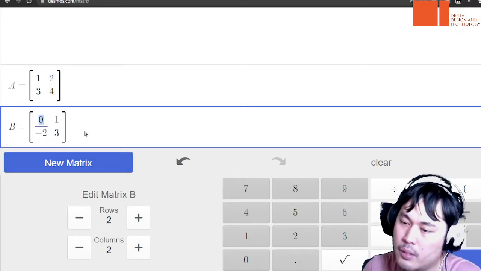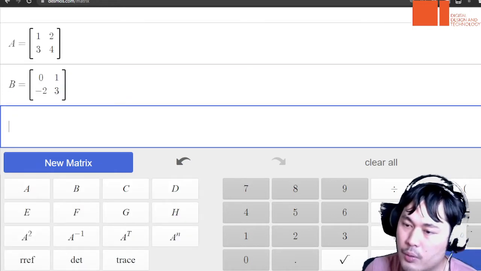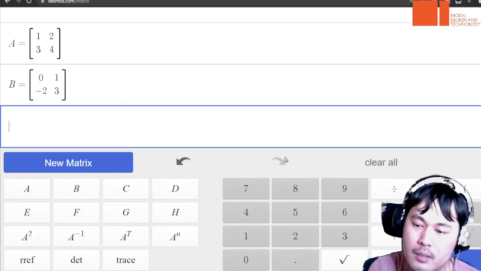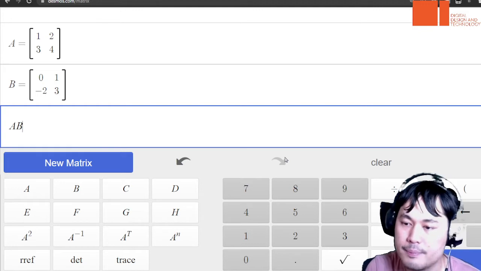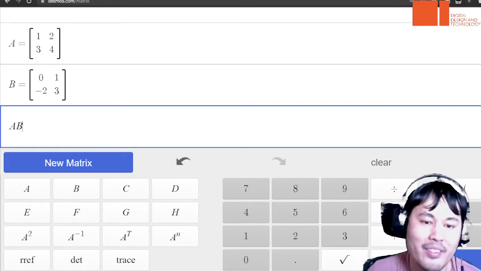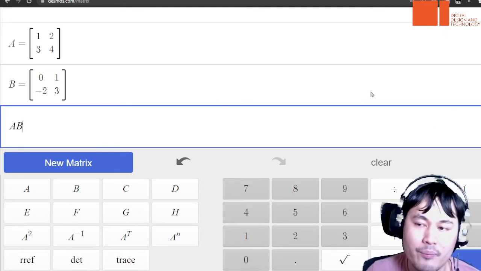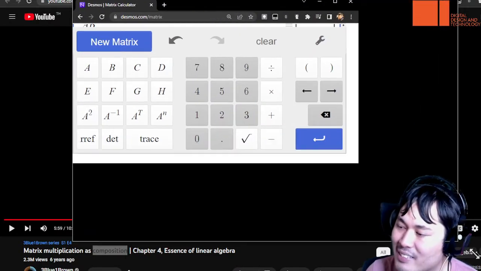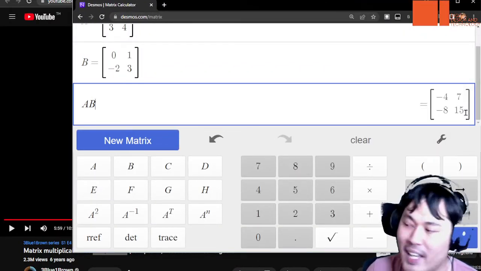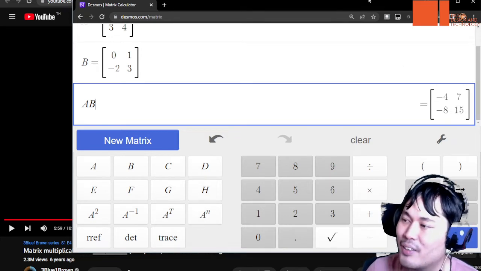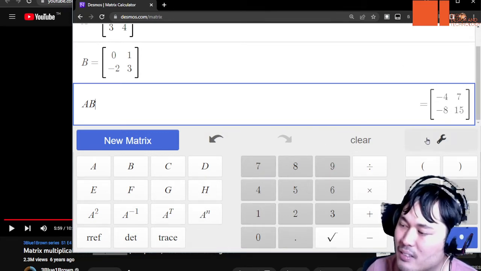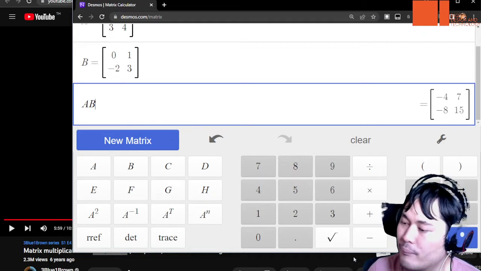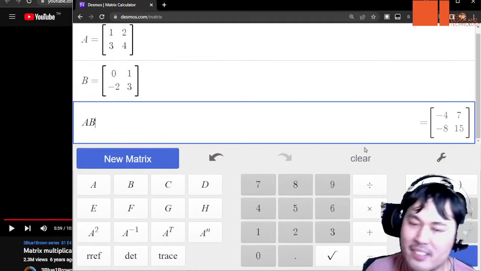Then, what do we need? We don't need a new matrix. We need a new line, which is A times B. And bam, we get the result right away on the right. Oh, you can see it on the screen, my bad. But yeah, that's the result of the multiplication, which is nice.